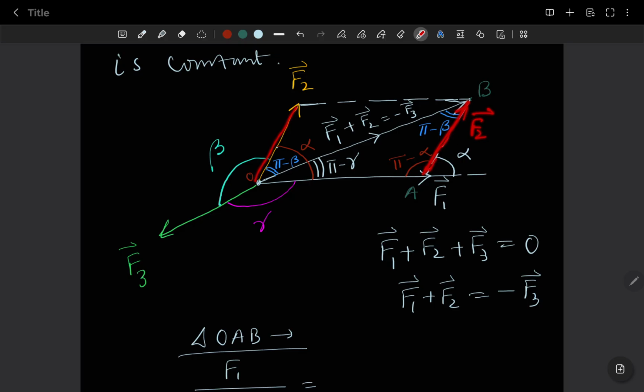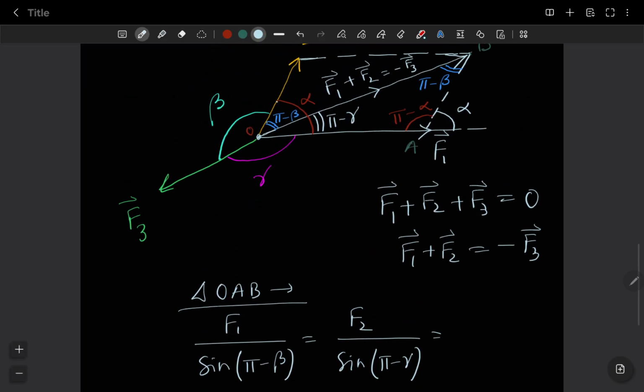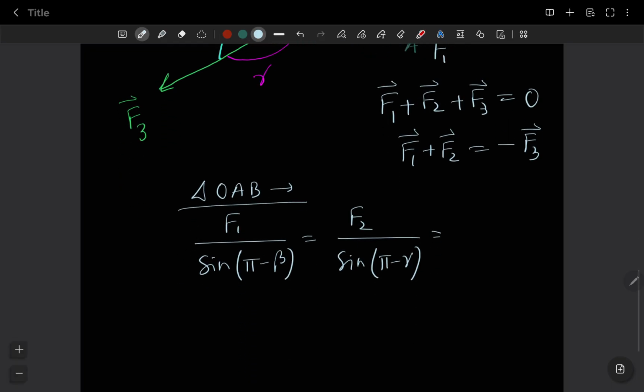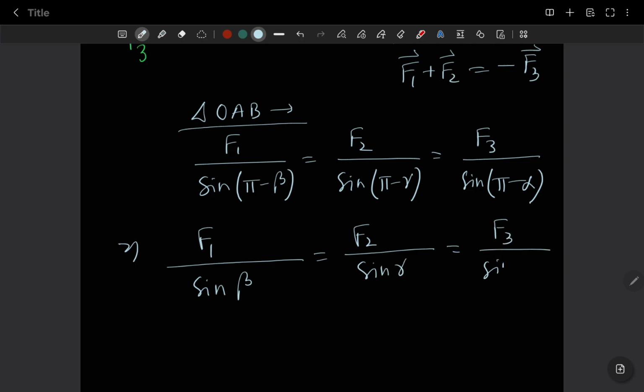The opposite angle of this is pi minus gamma, so F2 by sin(pi minus gamma) equals, now the third side: its magnitude is F3, and its opposite angle is pi minus alpha. So F3 by sin(pi minus alpha). So it will be F1 by sin beta, F2 by sin gamma, F3 by sin alpha.